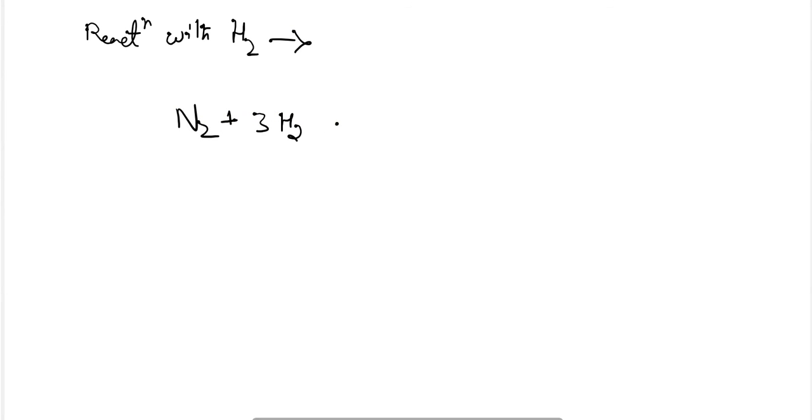Next, combination with dihydrogen. Reaction with H2: how is nitrogen combining with dihydrogen? Here N2 plus 3H2, in the presence of iron and molybdenum as catalyst at 700 Kelvin temperature and very high pressure, we will see ammonia has been formed.